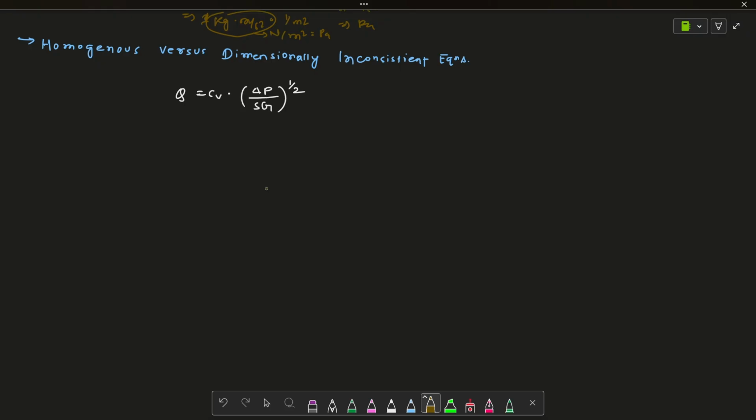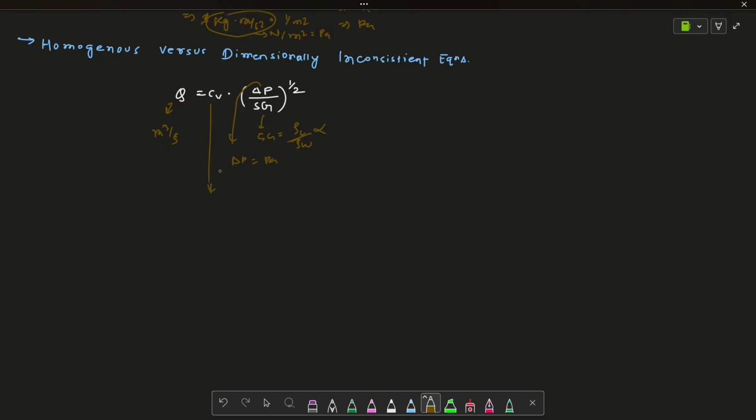So this is flow rate, which means the dimension of this is meter cube per second. SG means specific gravity, liquid density divided by density of water, so it is unitless, and delta P has the dimension of Pascal. And CB is known as the discharge coefficient.